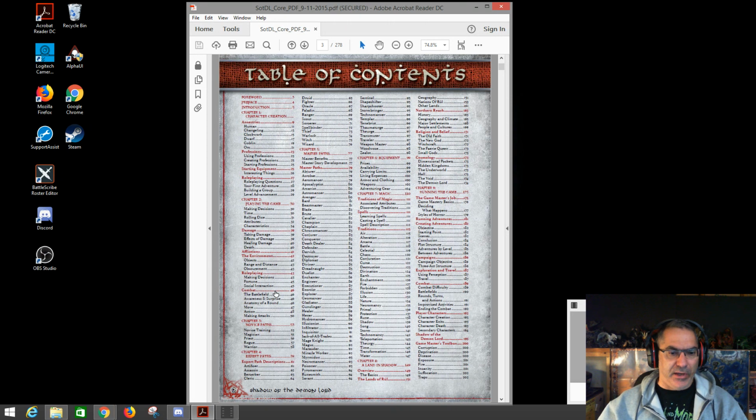Now chapter 3 goes into the classes, the term used in other RPGs, but the term used in Shadow of the Demon Lord is a path. So your character takes a path, and depending on how your GM wants to do it, you can actually start off at 0 level.